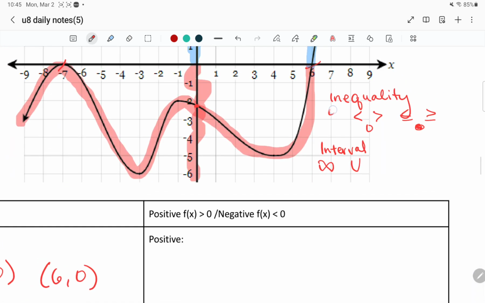When we're doing inequalities, we use the word or, which you did last unit, right? It was ors and ands in compound inequalities. We're not doing compound inequalities, but the notation follows. If we're doing inequalities, you use the word or. But if we're using interval notation, that symbol means or.